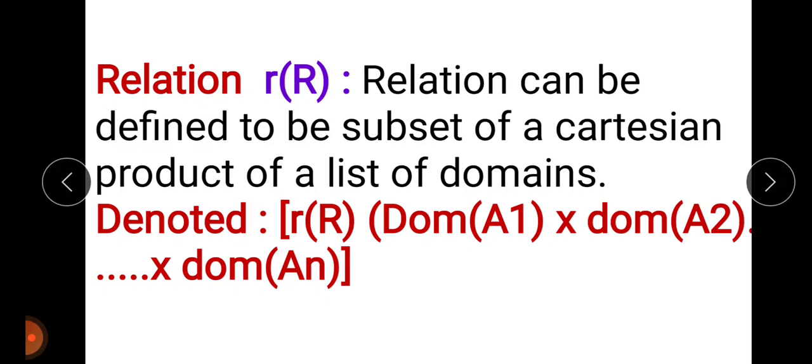As we saw, it is a subset of the Cartesian product of a list of domains, where a domain is a set of atomic values. The Cartesian product defines all the possible combinations of the domains. It is also called the cardinality ratio.